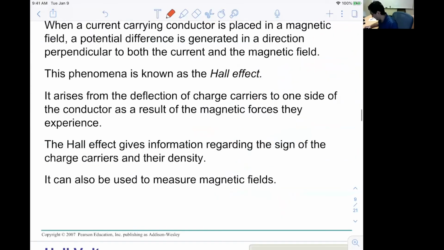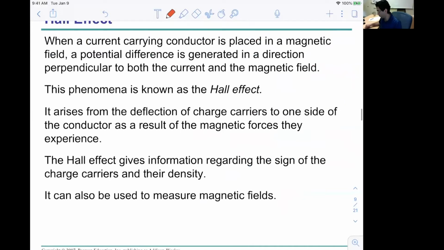The Hall effect: when a current carrying conductor is placed in a magnetic field, the particles, you can think electrons, are moving, and they will be forced perpendicular to the velocity, which is the current, and the magnetic field. That will create a separation of electrons on one side and positive charges on the other side.